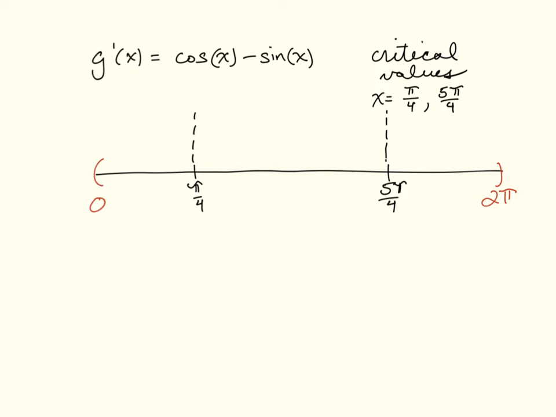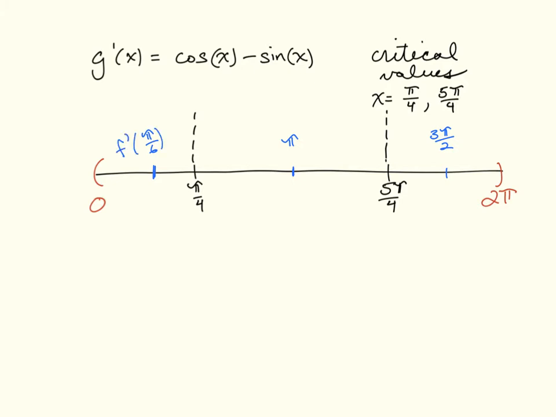That being said, I'll pick some test values here, ones that are easily computed in a sine and cosine. I want to pick pi over 6. In the middle, I'd like to pick pi, and at the end, I would like to pick 3 pi over 2.